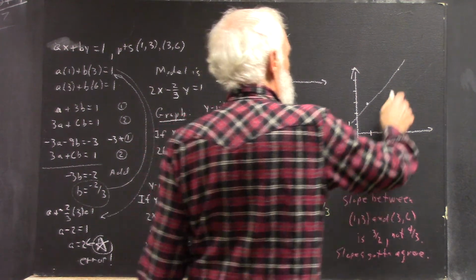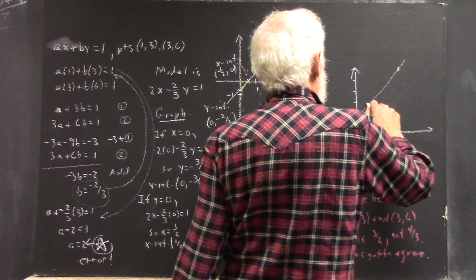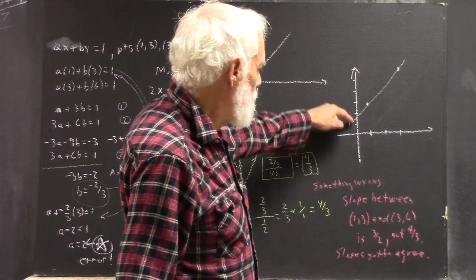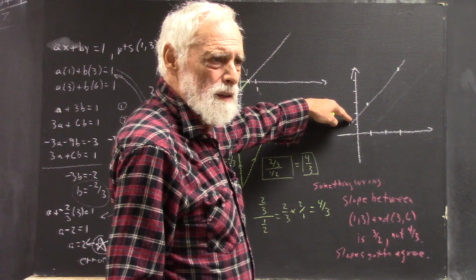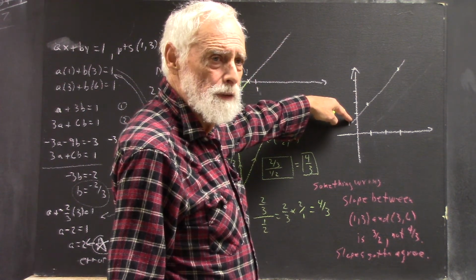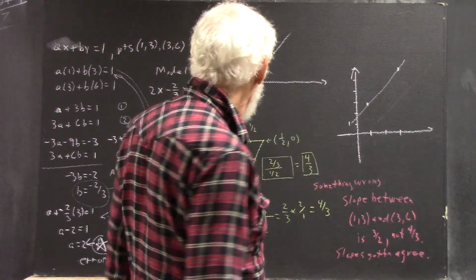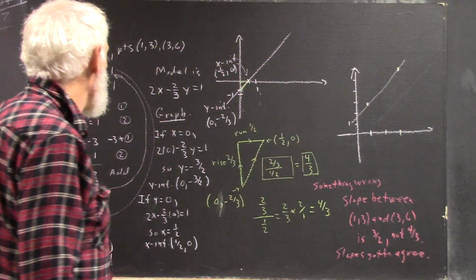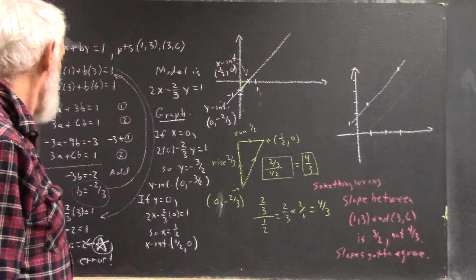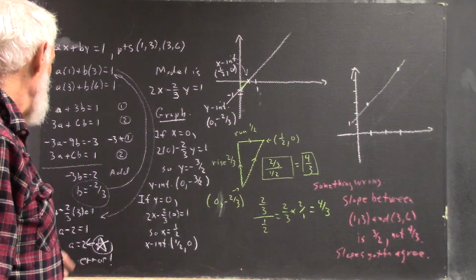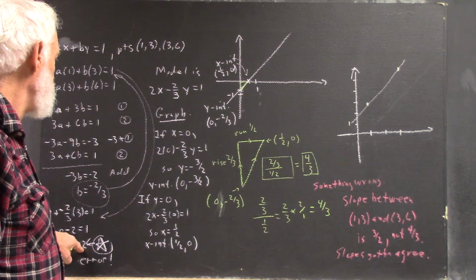And it looks like with those points, the graph goes through something like 3/2, not a negative number. A should be 3.